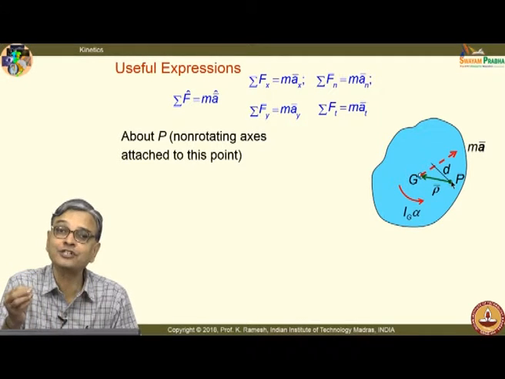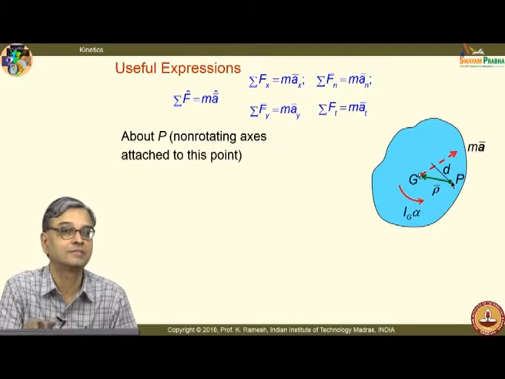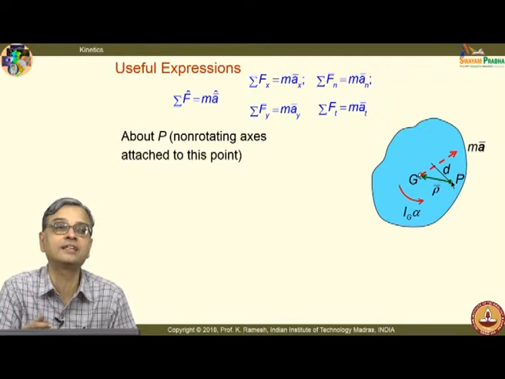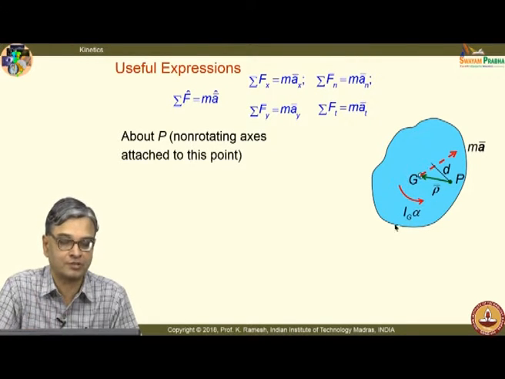But that acceleration you should know as absolute acceleration and handle this equation. So, whatever conveniences you had in statics, you also have the same convenience in dynamics. We have got those expressions for you to use.